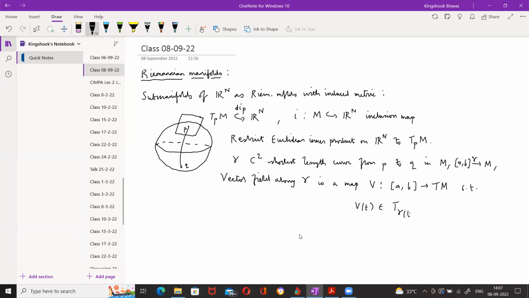So Vt belongs to T gamma t M for all t in AB.